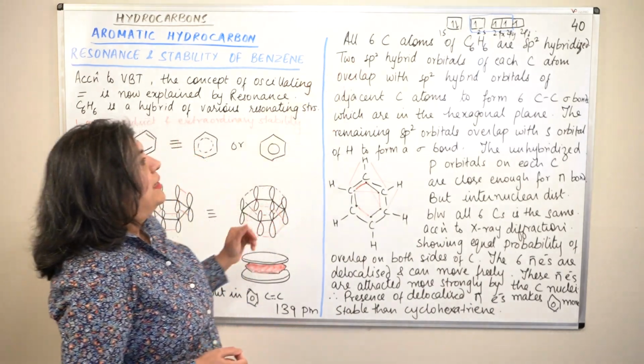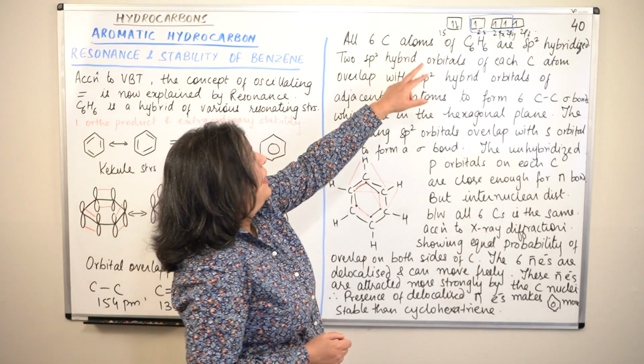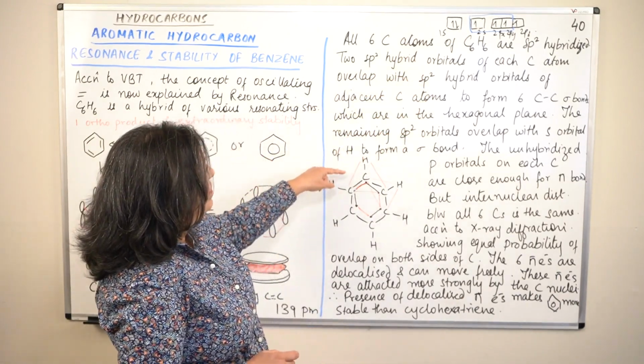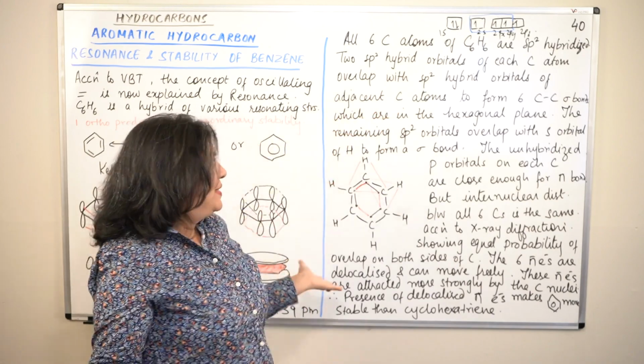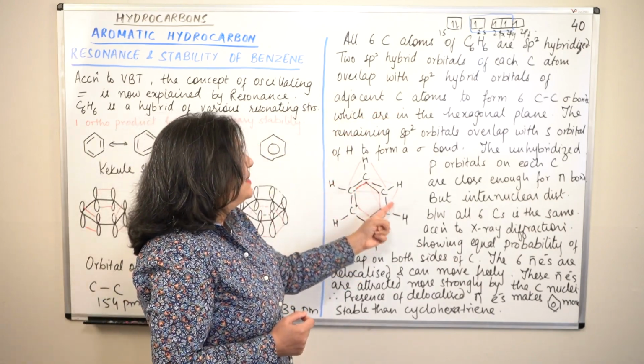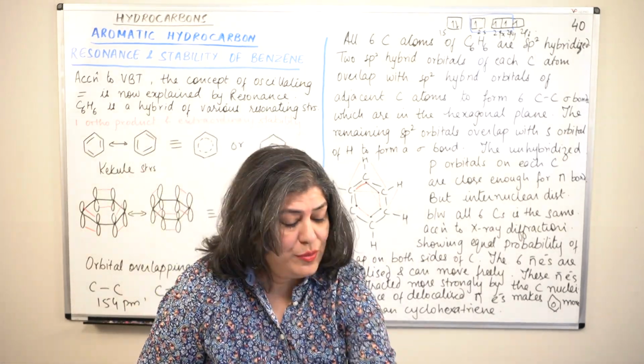All the 6 carbon atoms of benzene are sp2 hybridized. 2 sp2 hybrid orbitals of each carbon atom overlap with the sp2 hybridized orbitals of the adjacent carbon atoms to form 6 carbon-carbon single bonds, which are in a hexagonal plane. Now you understand all of this.